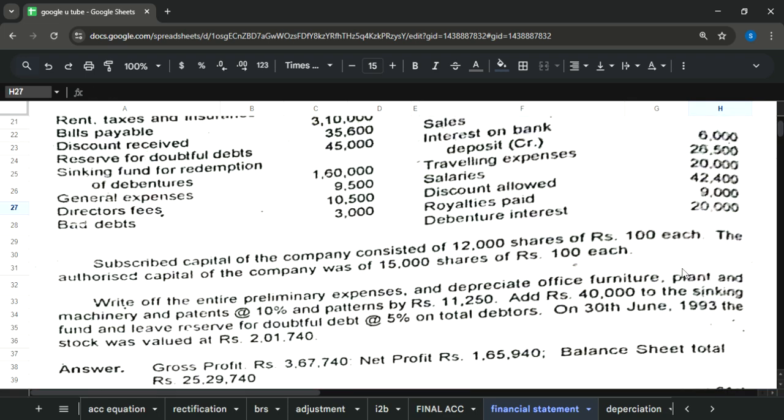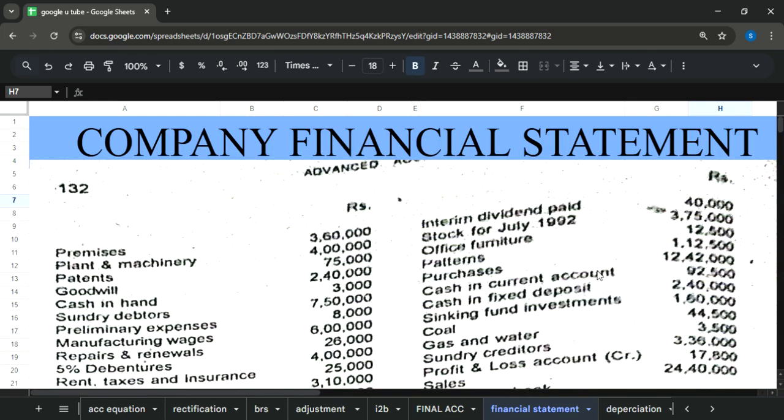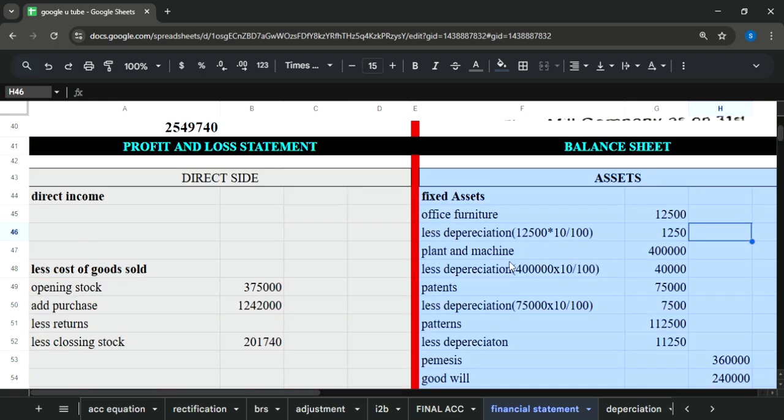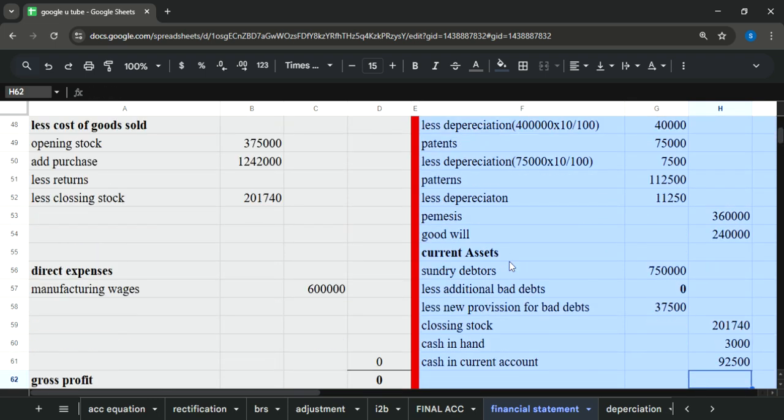Okay, slowly, step by step, we are getting ourselves forward. So cash in current account, okay, cash in fixed deposit. So you may write it in fixed assets, and we don't have the place.